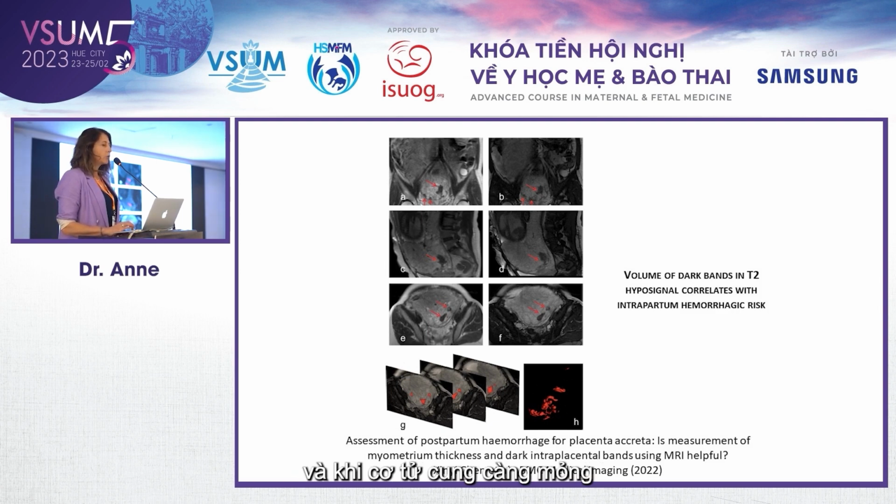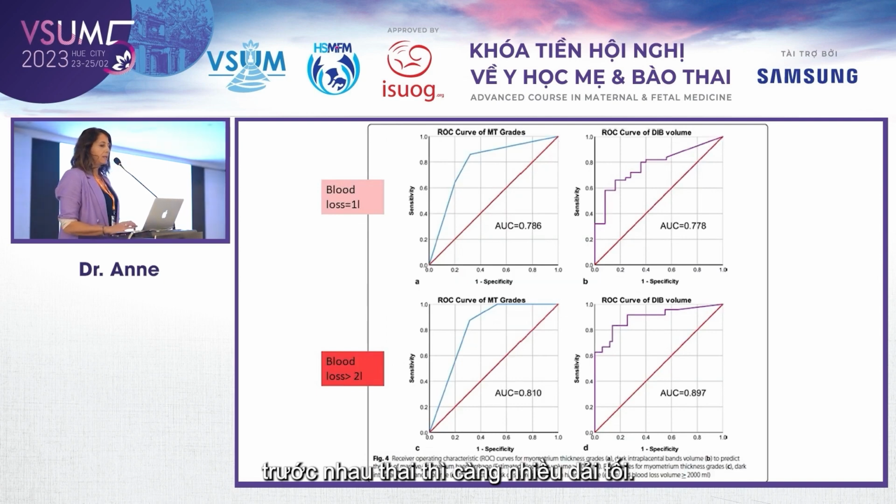The thinner the myometrium in front of the placenta and the more dark bands you have, the more risky it is and the more correlated to the risk of hemorrhagic delivery. As you can see on these curves, when you have numerous dark bands and a very thin myometrium, the blood loss will be superior to 2 liters.